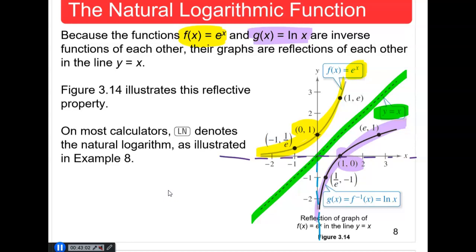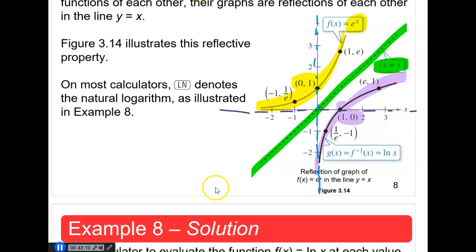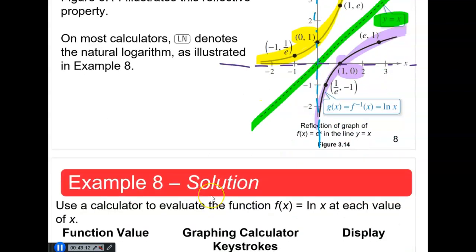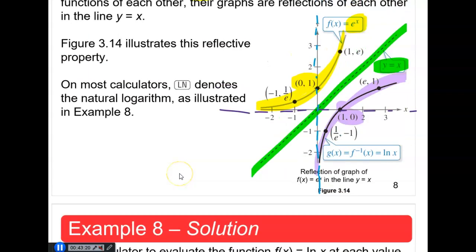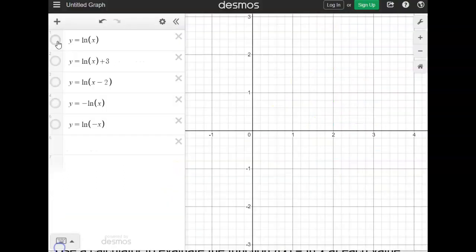You can see that we're not touching the x-axis. And of course, all transformations apply to them, such as the shifting, the reflection, and all of those things. So I just want to show you quickly a few graphs where we can do some of those transformations.